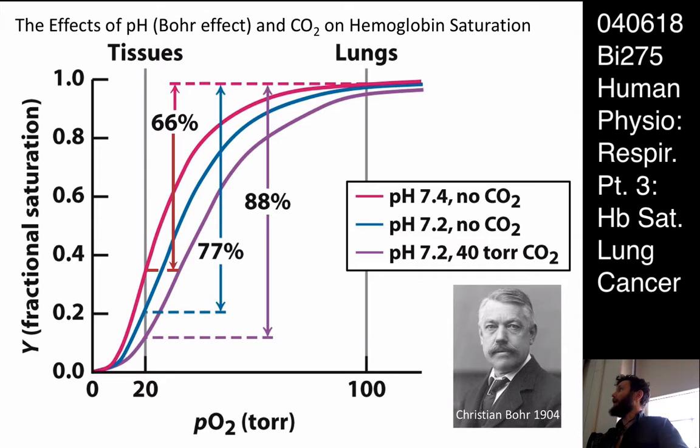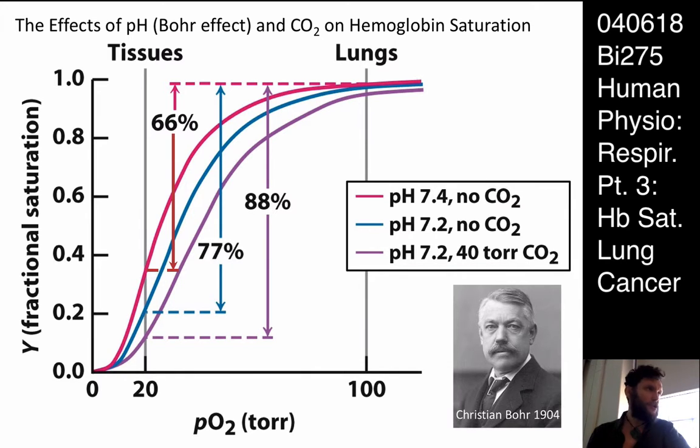Now, the blue line is at a lower pH. We're shifting the curve. This is the Bohr effect. Still no carbon dioxide present. And then the last line is pH 7.2, so acidic conditions, at 40 torr of carbon dioxide. And it's shifting the curve even further.